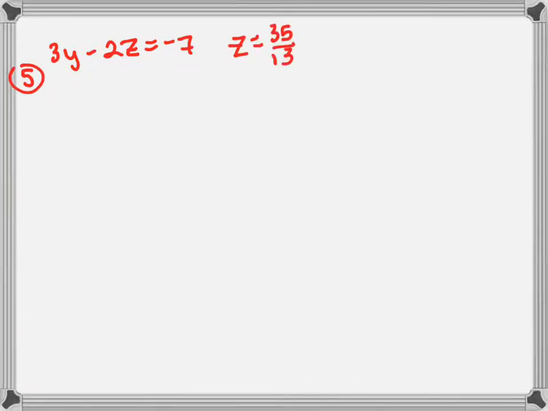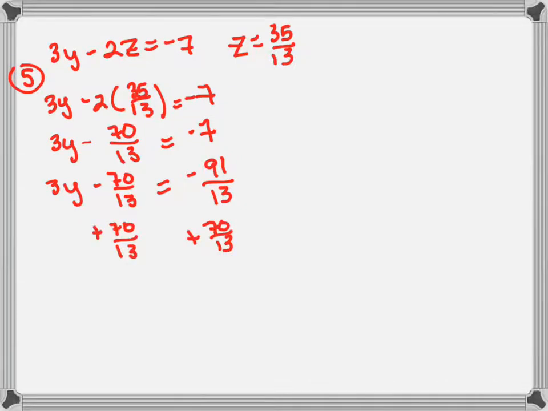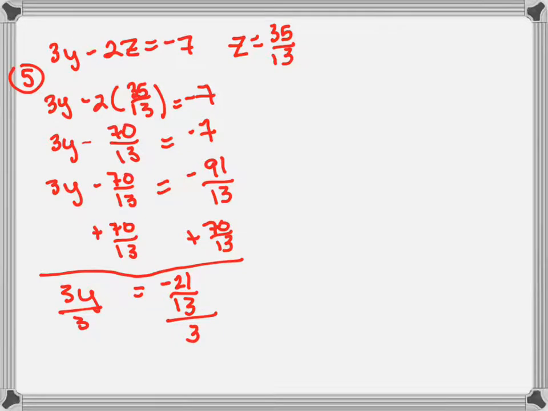And I had the value of z is 35/13, and I'm going to substitute it in. 3y minus 2 times 35/13 equals negative 7, or 3y minus 70/13 equals negative 7. So I'm going to convert my right-hand side so that it's over 13 and it becomes negative 91/13. I'm going to add 70/13 to both sides. 3y equals negative 21/13. Going to divide both sides by 3, and y equals negative 7/13.